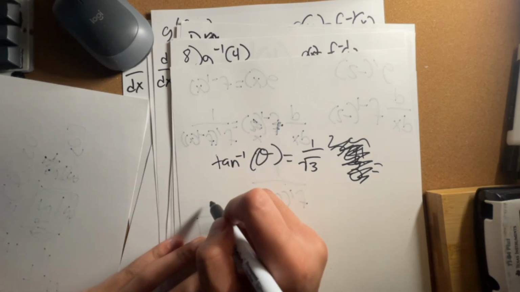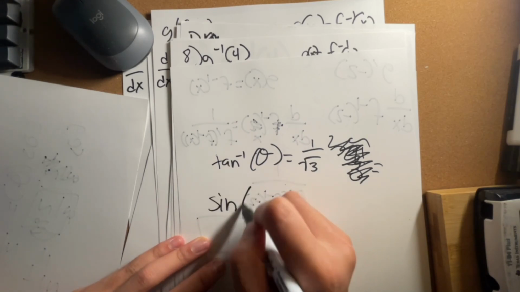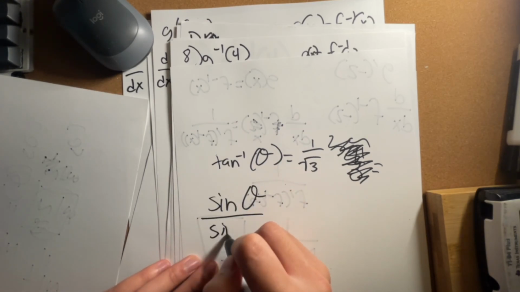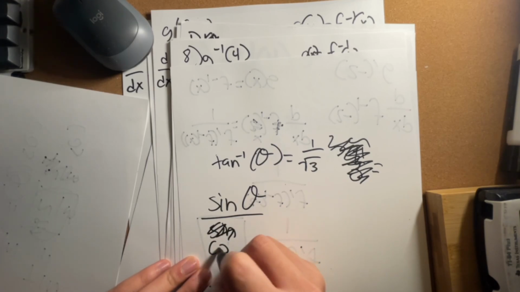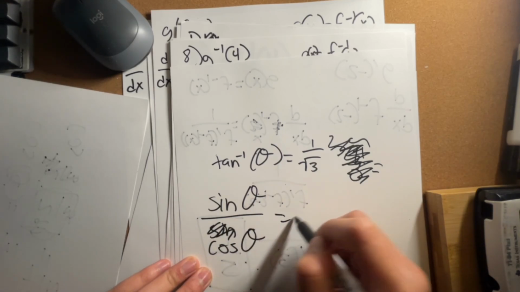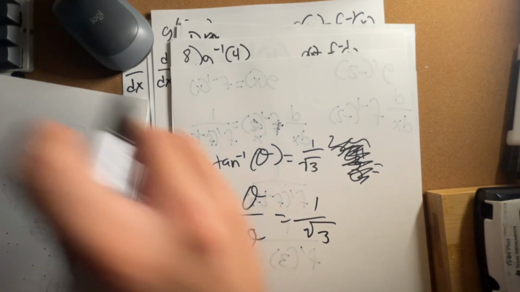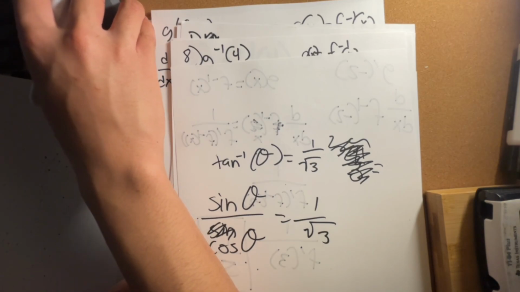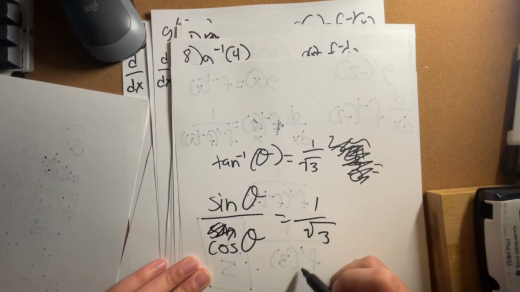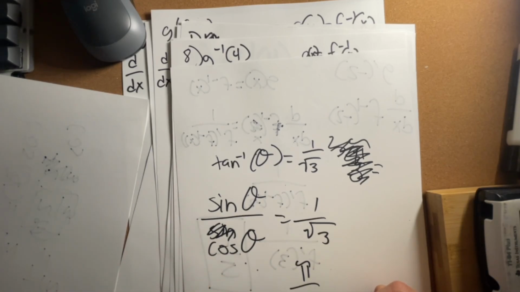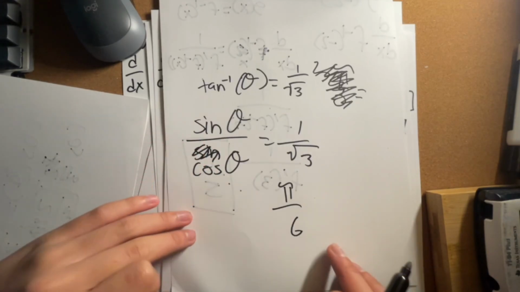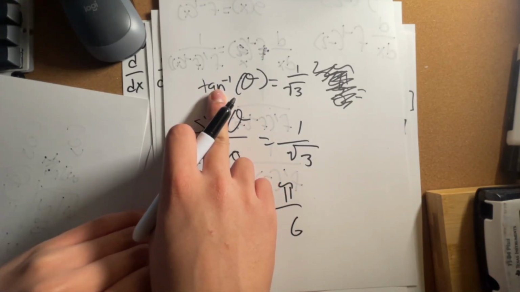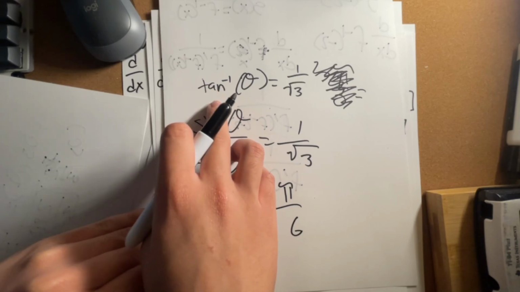Sine over cosine. So sine theta over cos theta is equal to 1 over square root of 3. Then you do some math to find what that is equal to, which is pi over 6. You can review this over and over so you can remember the tans. Look at a different video so you can remember the tans.